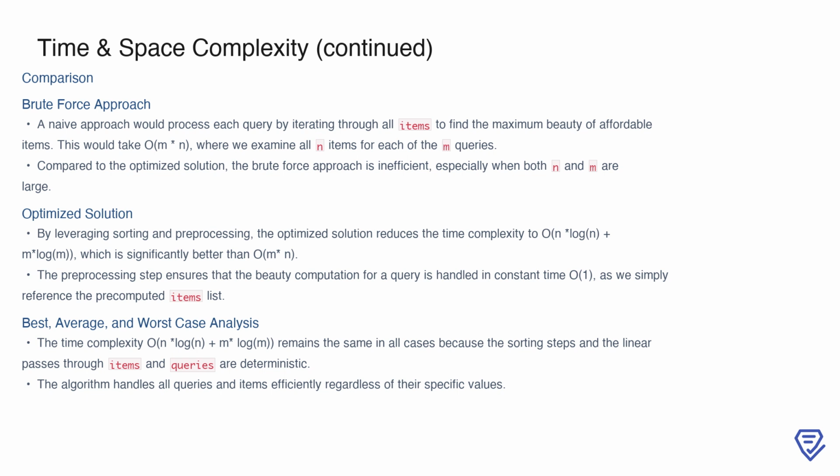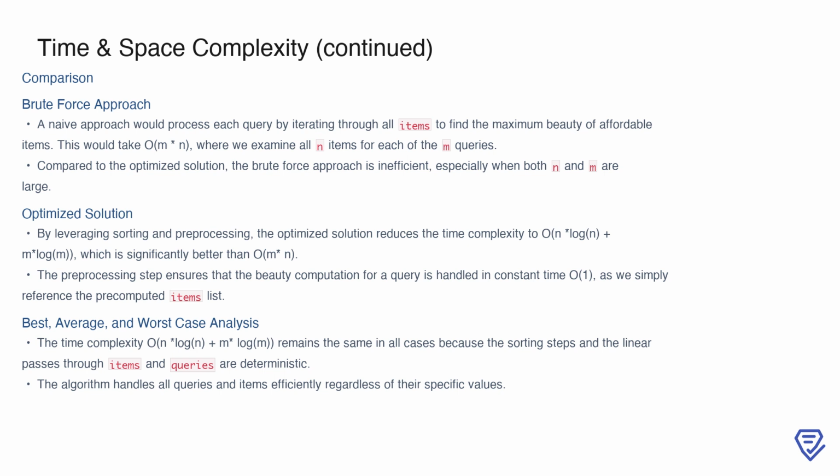Comparing this optimized solution to a brute force approach highlights its efficiency. In a naive method, for each query, we would iterate through all items to find the maximum beauty of affordable items, leading to a time complexity of m*n. This becomes computationally expensive when both n and m are large. The optimized solution, on the other hand, reduces the time complexity to n log n plus m log m by utilizing sorting and preprocessing.